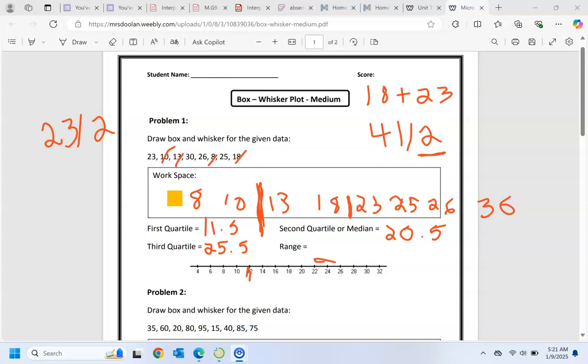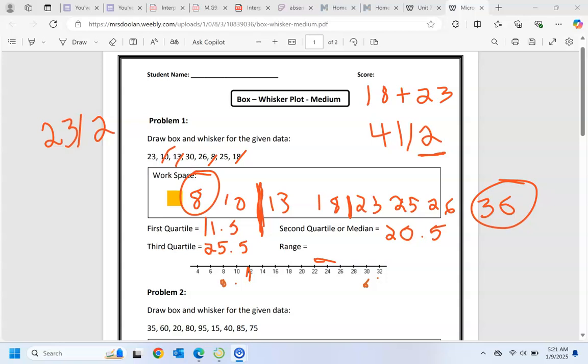Okay. So now we're going to start off with our whiskers. So our whiskers are going to be 30 and 8. Okay. So I'm going to draw it down here because I don't have a lot of space. Okay, so you got 30 here, and then you have 8 here, okay?